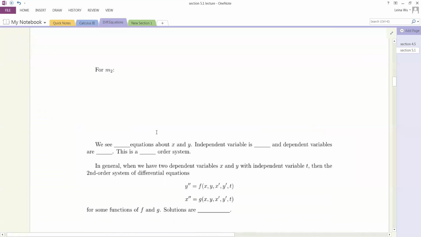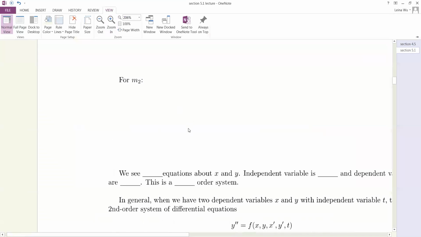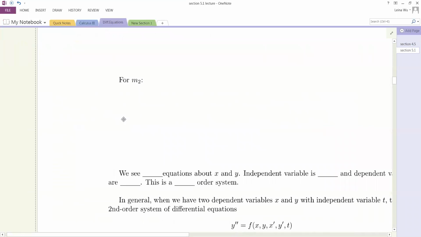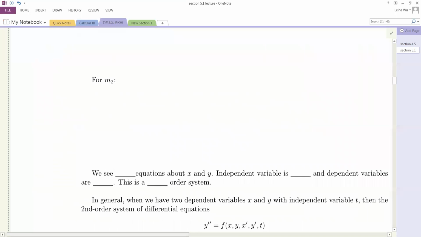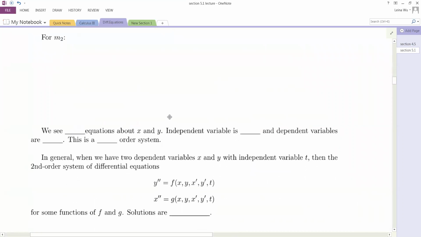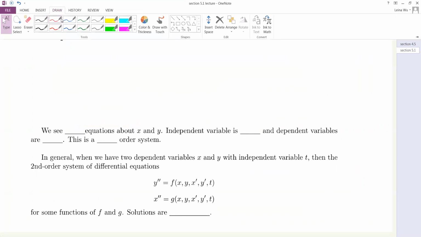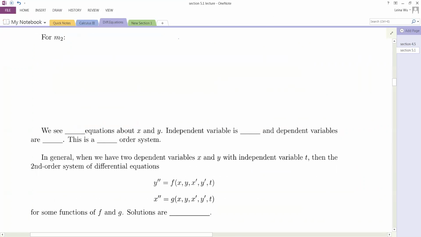I'm trying to, let me see, can I move this one? Okay, let me zoom in a little bit. Let me stretch it to here. Okay, next let's look at mass M2.